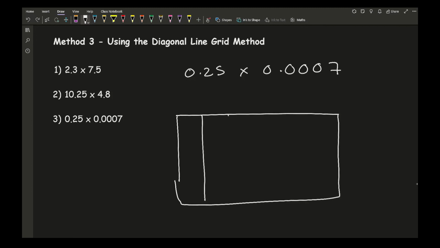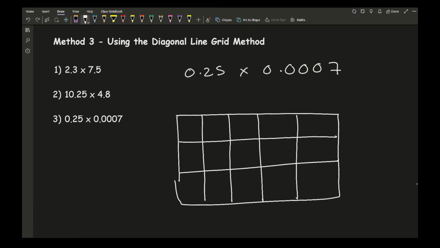So that's 1, 2, 3, 4, 5, and 1, 2, 3. So I've got 0, 0, 0, 0, 7, and 0, 2, 5. The decimal point is here, and the decimal point is here. And again, do my diagonal lines.